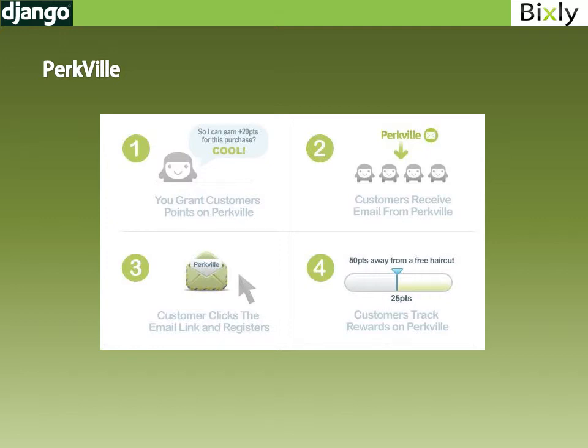And on their dashboard, you'll see what you've earned, what you've spent, things like that. Once again, this is an example of a custom application that isn't doing so many things that are weird. It's just putting it together in a way that's useful for your business. It's so nice to have a tool that has the generic tools there ready to go. And that's what Perkville's done with Django.